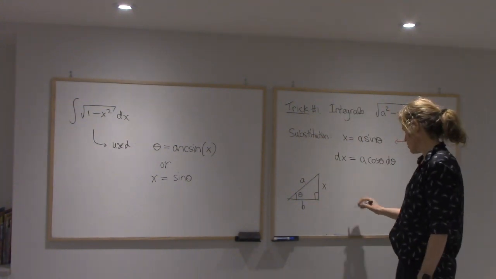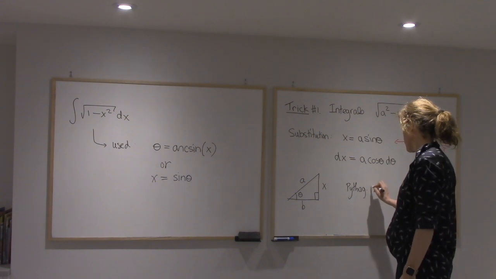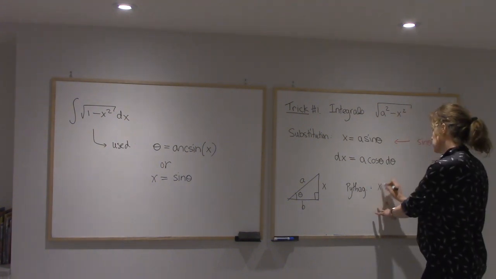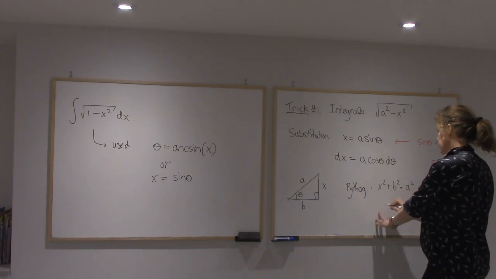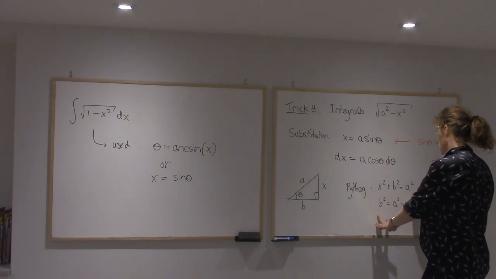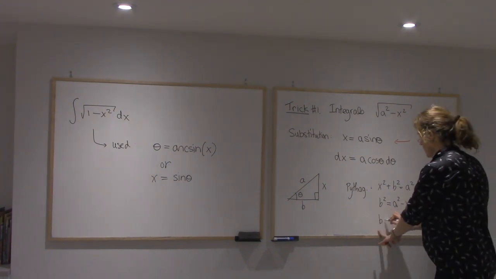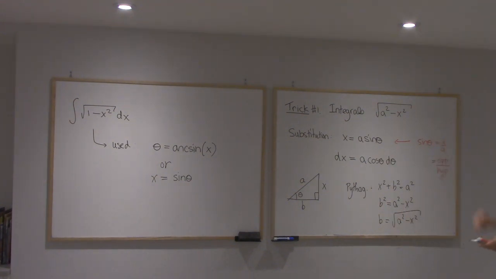Now, if you look at this triangle by Pythagoras, I'm going to get that x squared plus b squared is a squared. And if I solve for b, I'll get that b, it's a length, so let's say it's positive, is the square root of a squared minus x squared.